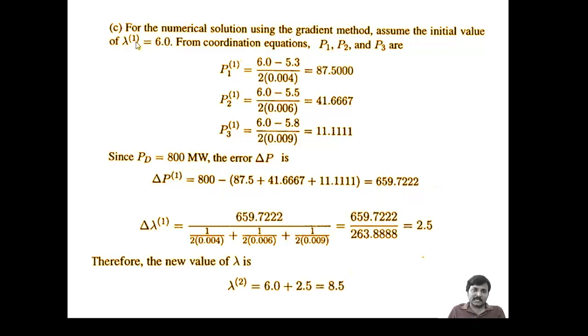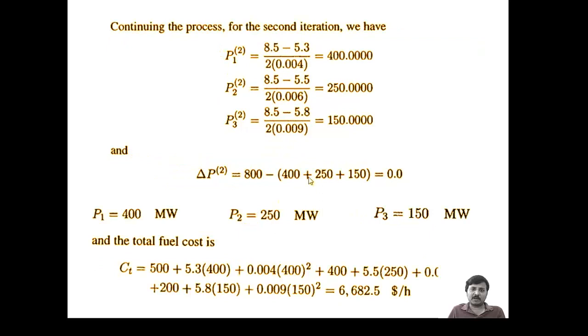So the guess value of 6 is not exactly right. We find the change in lambda from the first guess: 659 divided by the sum of 1 by 2 gamma 1, 1 by 2 gamma 2, and so on. We get a correction value of lambda of 2.5. Now we update the value: the new value of lambda is 6 plus 2.5, which is 8.5.